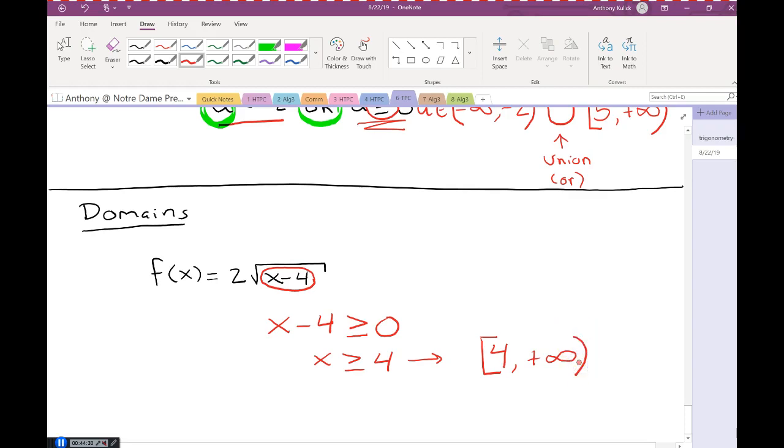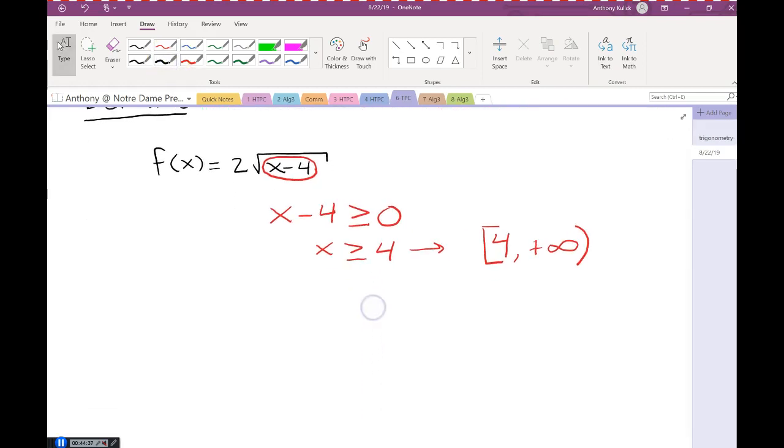And the infinity always gets a parenthesis. Everybody okay here with that first part?